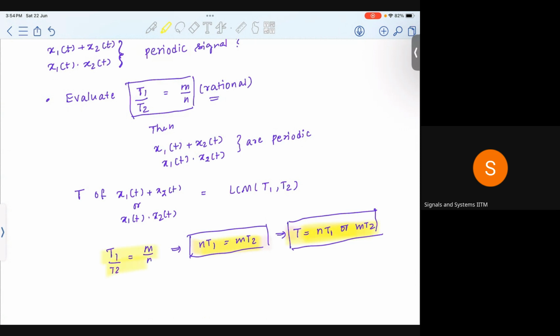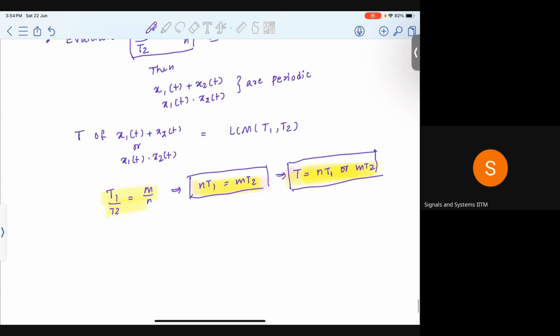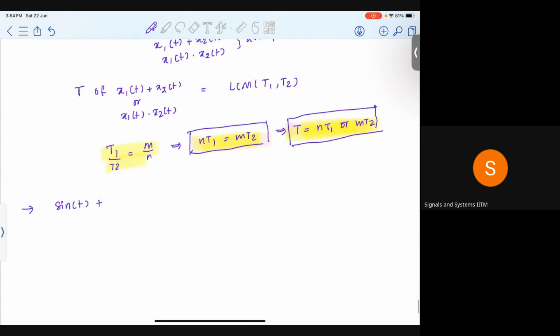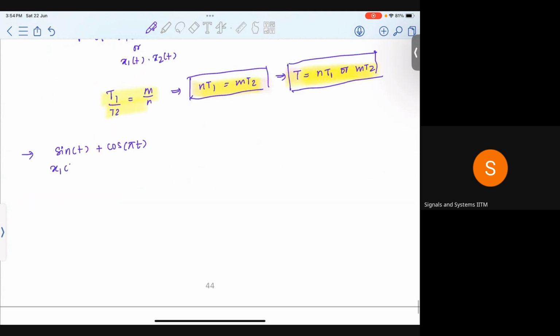So a quick example. Suppose you have sine t plus cos pi t. Is this a periodic signal? So this is my x1 of t and this is my x2 of t. x1 of t is sine t.